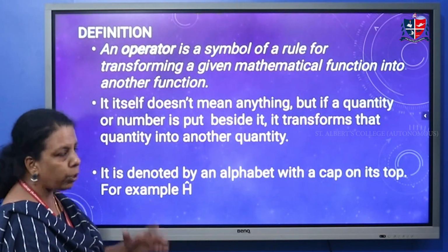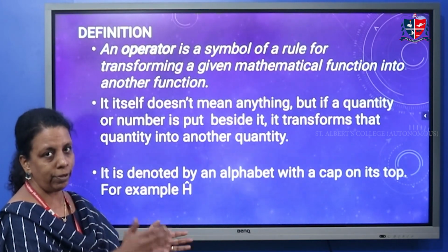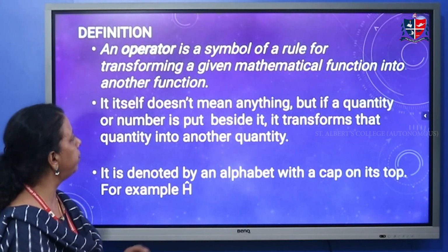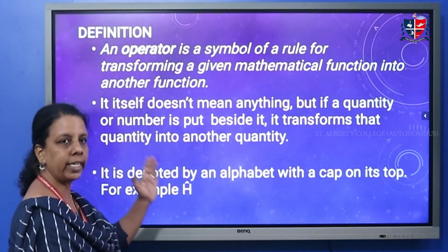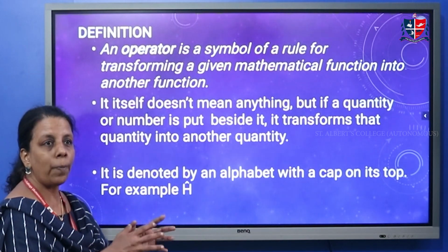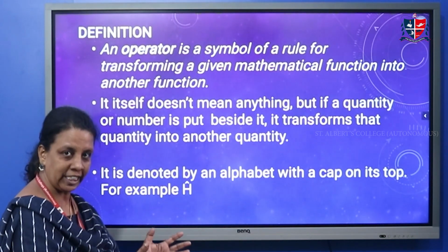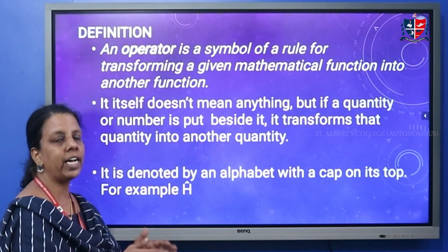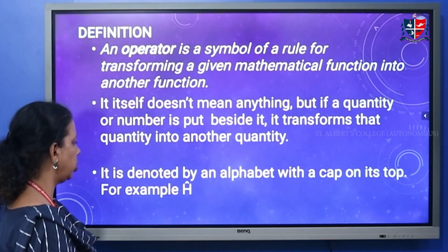So an operator is a symbol of a rule for transforming one function into another function. It itself does not mean anything, but it has a meaning when it comes beside a function. Each operator represents an operation that has to be carried out on a function to transform it into another function.